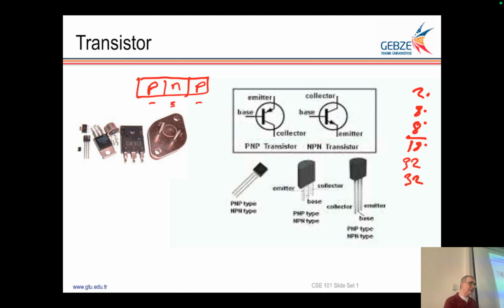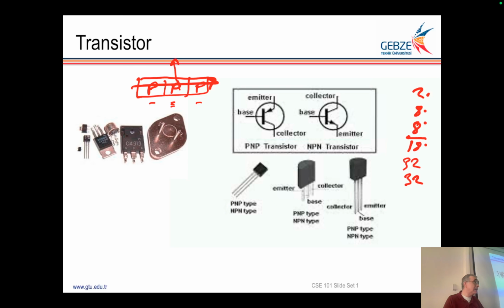In order to make it a conductor, you need to equalize the amount of orbital electrons. I don't know the details, but you need to suck out some electrons from the n-type, suck out some electrons from that area to turn this into p temporarily. Then it becomes a conductor.